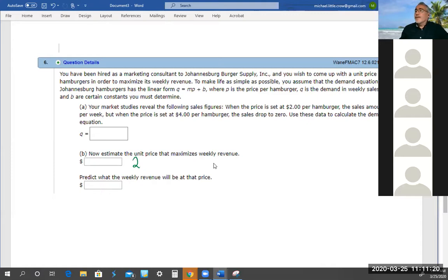Predict what the weekly revenue will be at that price. So revenue is equal to price times quantity. We know the quantity right now at $2 is 5,000. But if they didn't give that to you, what you would do is say that this is P times your equation for Q, which remember was minus 2,500 P plus 10,000.